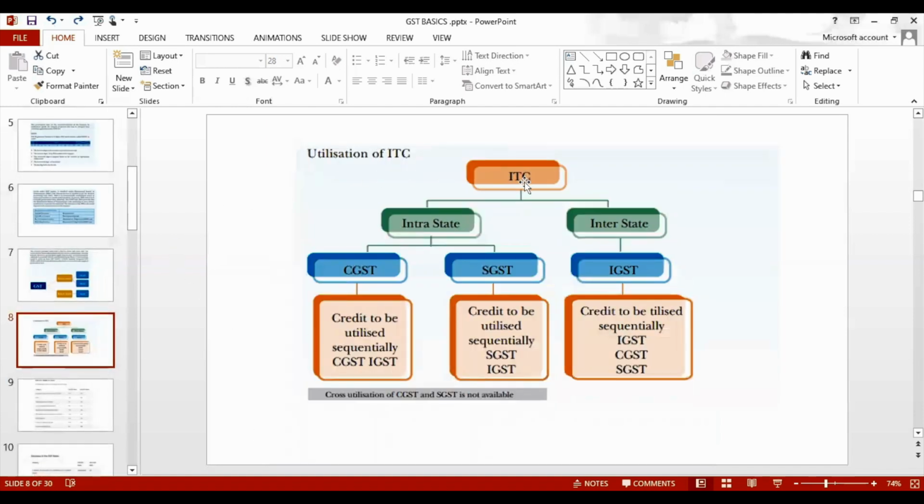So, ITC filing: slab rate wise, I am taking 0%, 5%, 12%, 18%, 28%. Those are the slab rates of GST tax. Within the state, the tax will be split into two types. Otherwise, the tax will be totally forwarded in IGST.